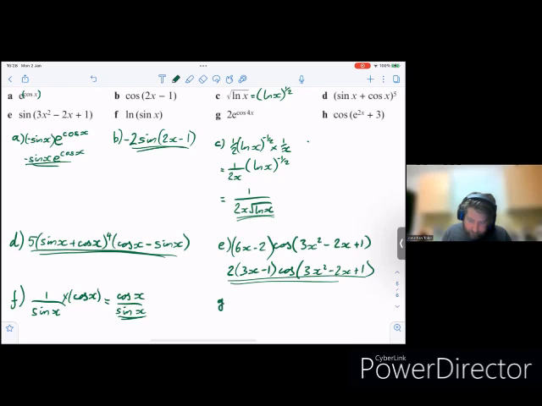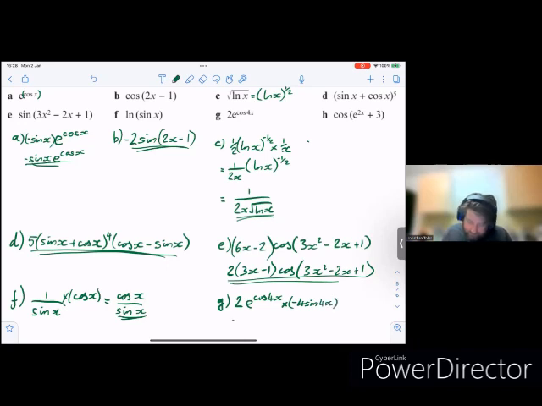G. So we're going to treat this as if it's just 2e to the x. So it just becomes 2e to the cos 4x. Nothing happens with e to the x. And then we've got to multiply by the derivative of that bracket. So cos 4x becomes minus 4 sine 4x.